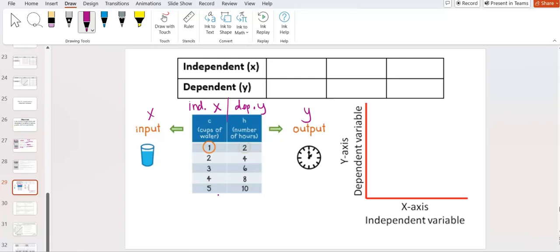And then in a graph, your independent variable is your x-axis and your y is your dependent variable. So remember how we graph: we always graph x first, then y. You might remember that x comes first in a horizontal graph. x comes first in a vertical graph if you're reading from left to right. So x is always first.